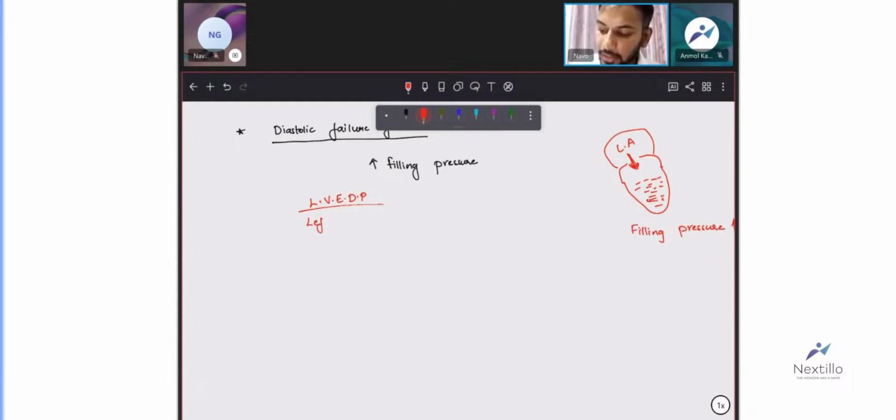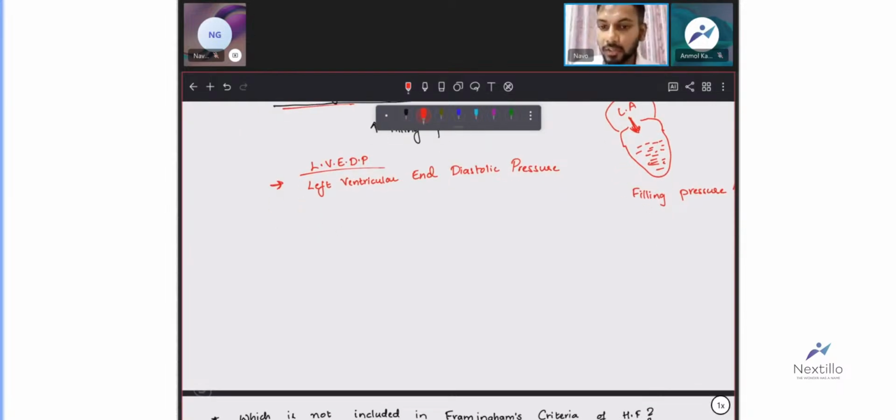LVEDP means left ventricular end diastolic pressure. That is equal to filling pressure. So if there is diastolic dysfunction of LV, it is increasing the filling pressure. What is the filling pressure equal to? It is equal to the left ventricular end diastolic pressure.